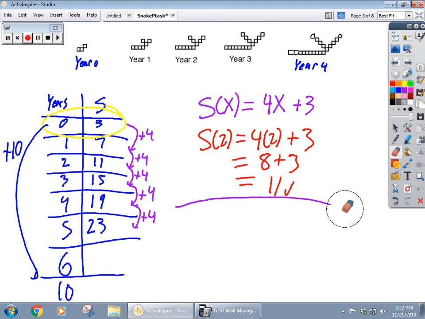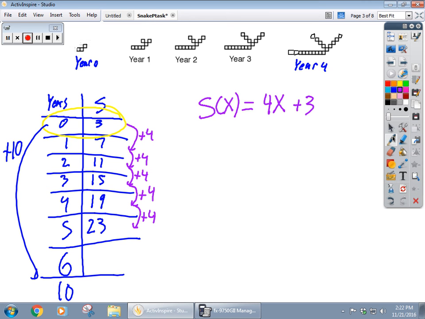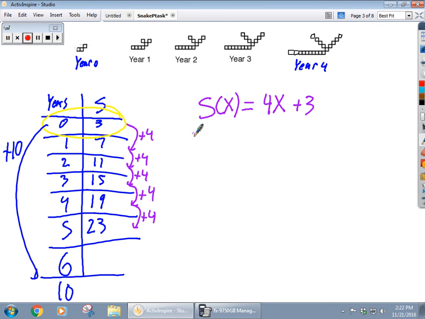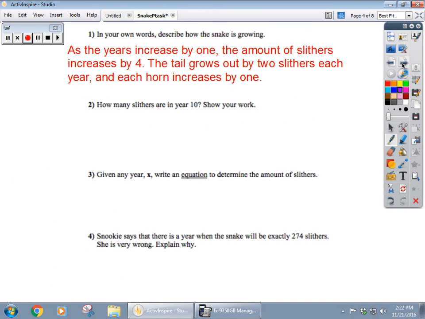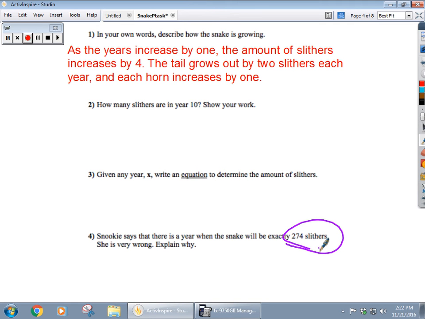Okay, another way to do this, if you don't want to do it that way, is to use your equation, if you're comfortable with what these things represent. When we wrote this equation, x represented years and S of x represented the amount of slithers. In this situation, we know the amount of slithers, but what we don't know is the year in which that would happen.